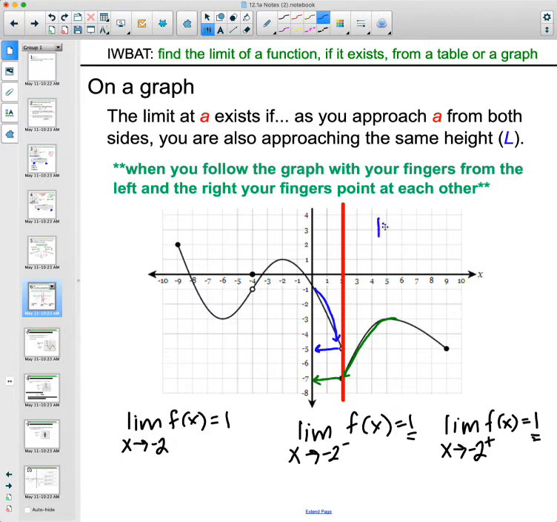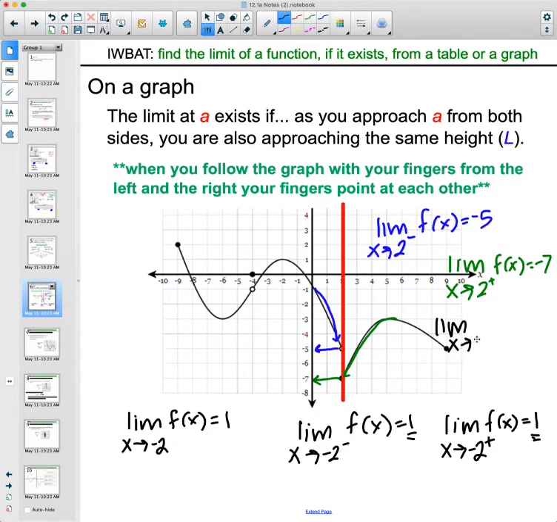So the limit as x approaches 2 from the left is 5, and the limit as x approaches 2 from the right was negative 7. So the overall limit as x approaches 2 does not exist. I'm just going to write DNE as shorthand for that. So it does not exist because those were different.